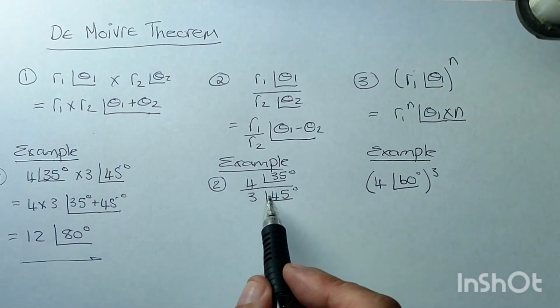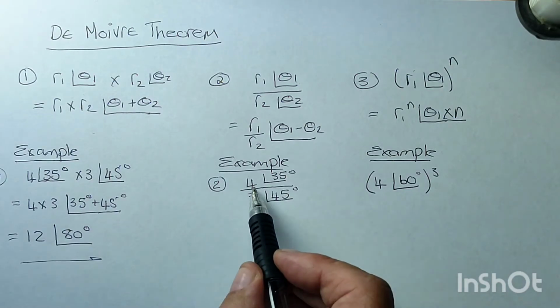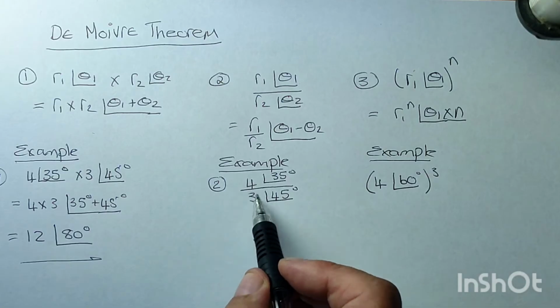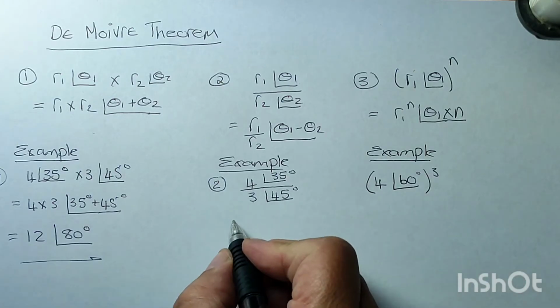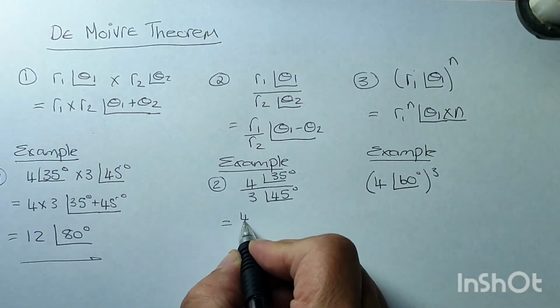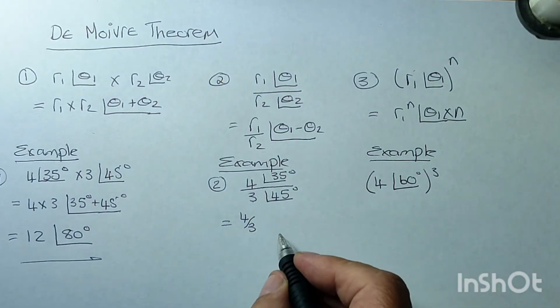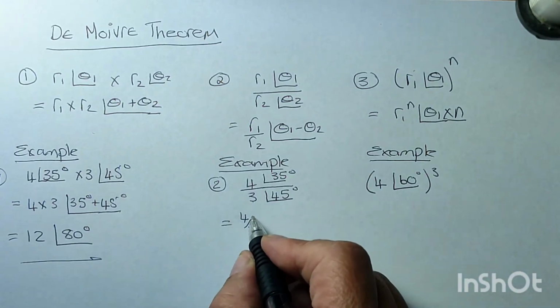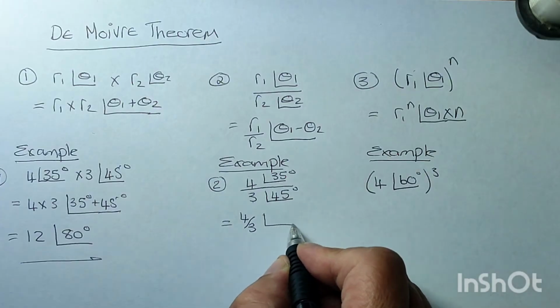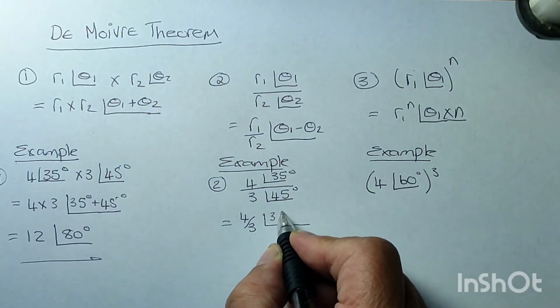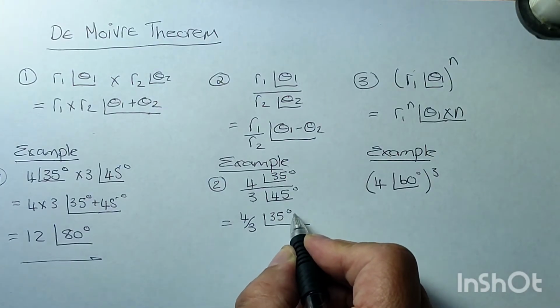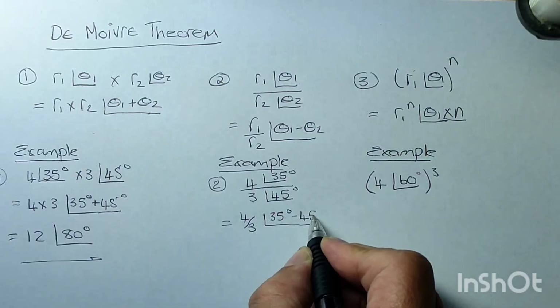If I do the same and I divide, I only divide the r values and I subtract the angles. So in this case, I'll say 4 divided by 3, which will give me 1 point something, or I can leave it as 4 over 3, and I'm going to say 35 degrees minus 45 degrees.